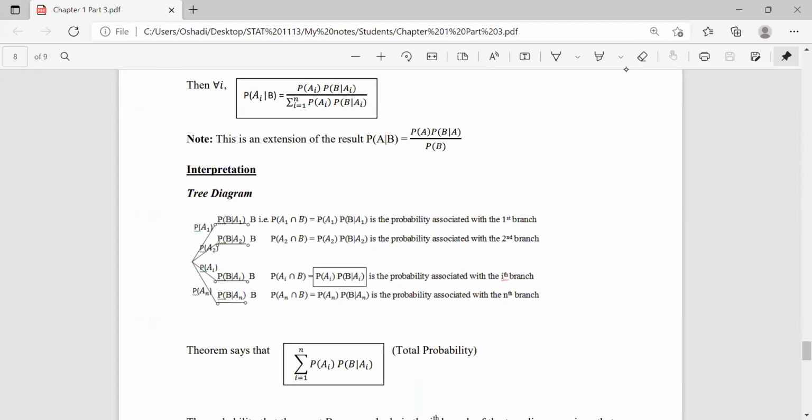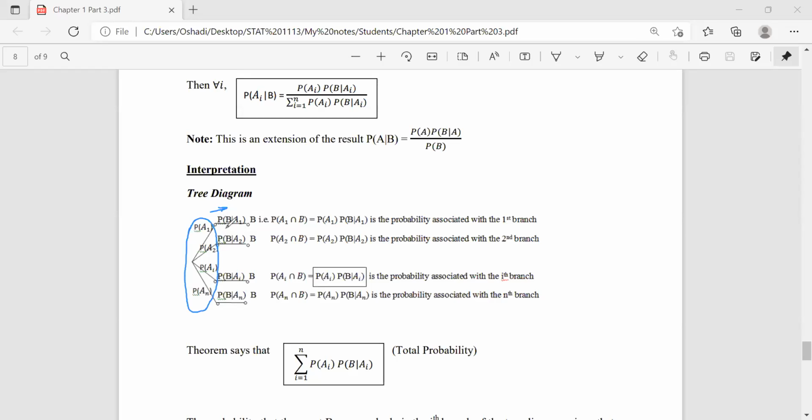So in this tree diagram, this is the partition, the first event. The sample space has been partitioned into N mutually exclusive and exhaustive events. And then when A1 happens, A1 has already happened. What is the probability of B happening?